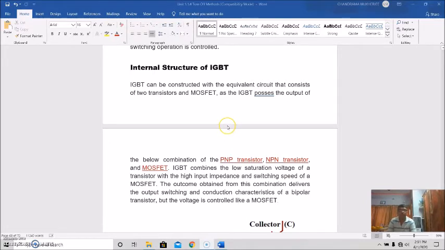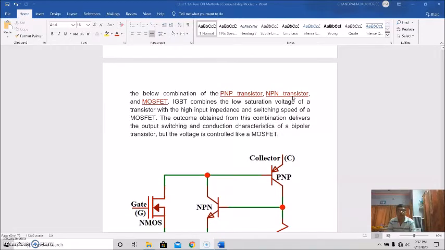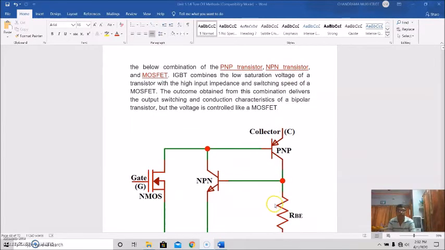So what is the internal structure of IGBT? It can be constructed with an equivalent circuit. It consists of two transistors and a MOSFET, as the IGBT output possesses the combination of PNP and NPN transistors and this MOSFET.